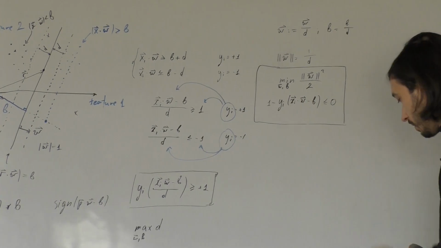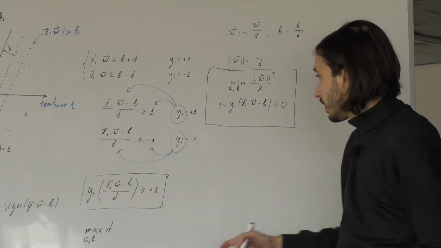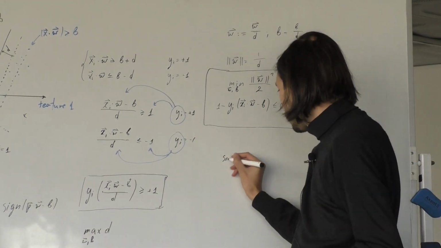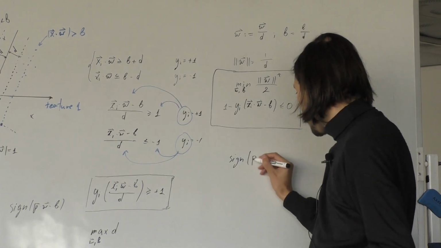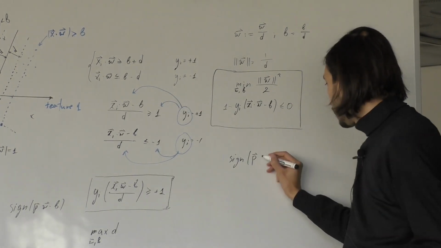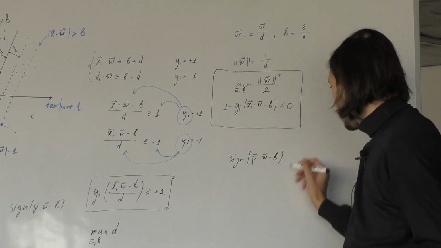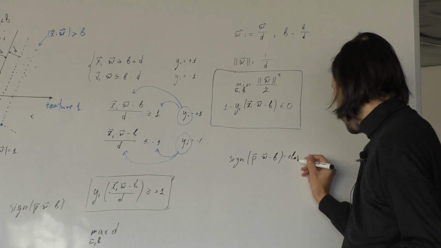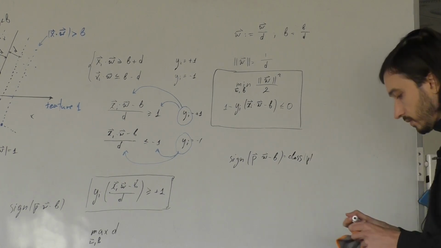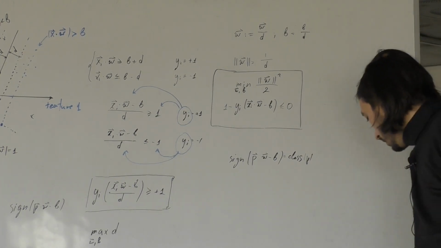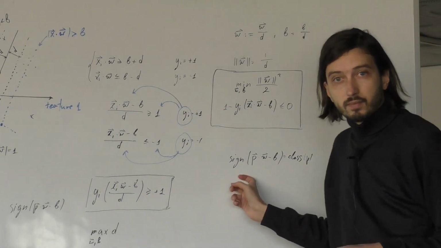And if you have parameters w and b, you can perform inference with the formula that we have in here. We can just calculate the sign of some point p that we are interested in times w minus b. That will be my class, the class of p. So this is a linear support vector machine.